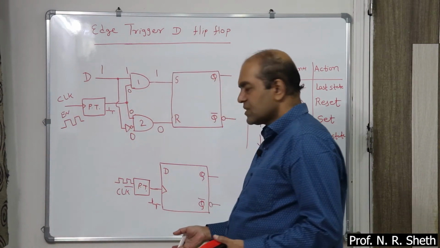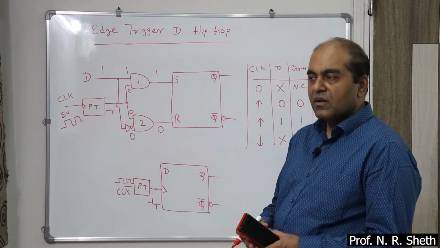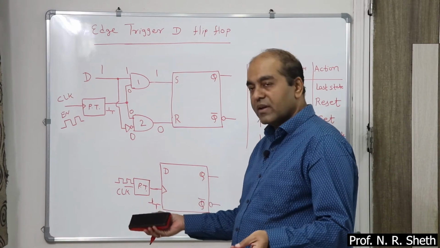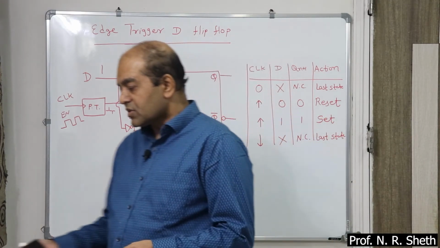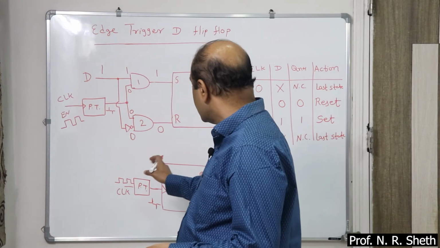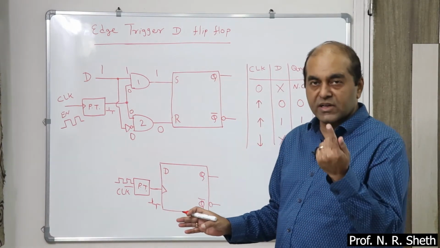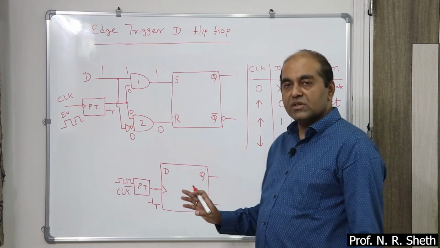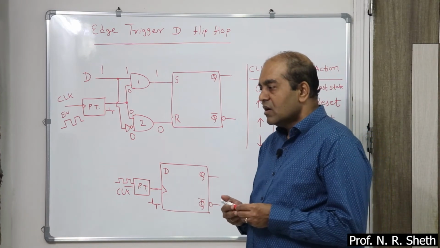So it's a clock pulse, that's it. Or even directly you can apply this one as a clock and you can represent. So symbolically it shows that the D flip flop is a single input circuit, D is 0, Q is 0, D is 1, Q is 1.